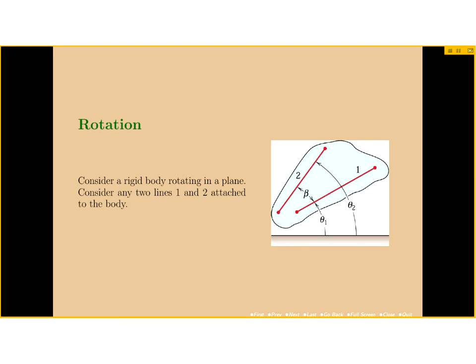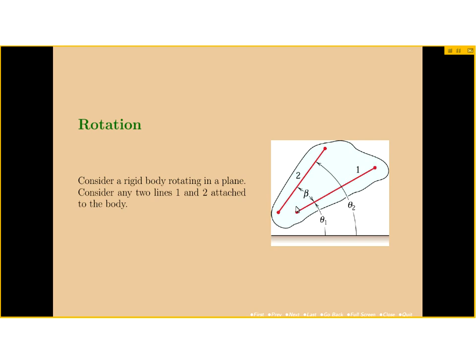Now, when we look at rotation, an important identity is derived in a section in the introductory chapter of chapter 5. Let's consider a rigid body that is rotating in a plane. And let's consider two lines on that rigid body in the plane of motion.